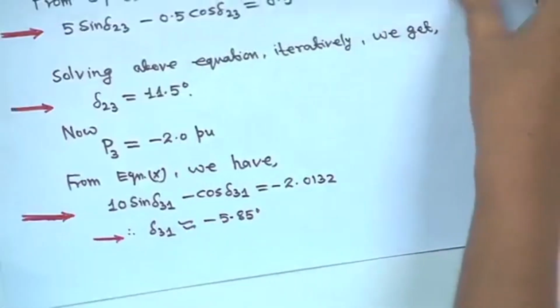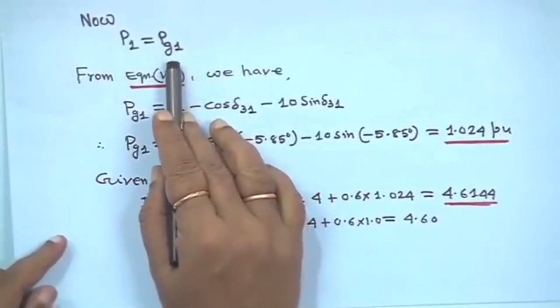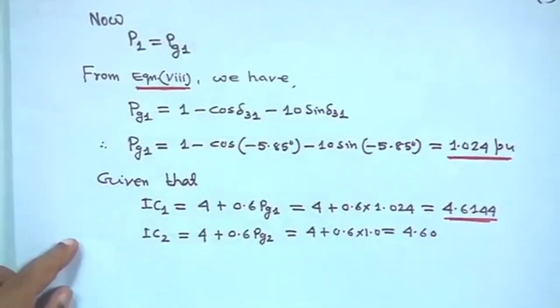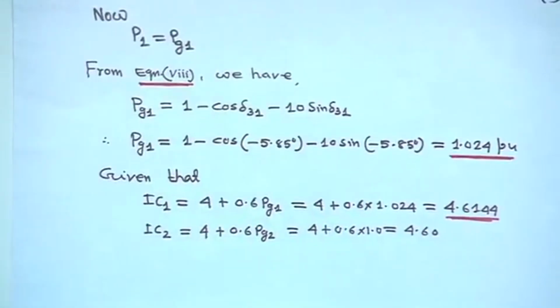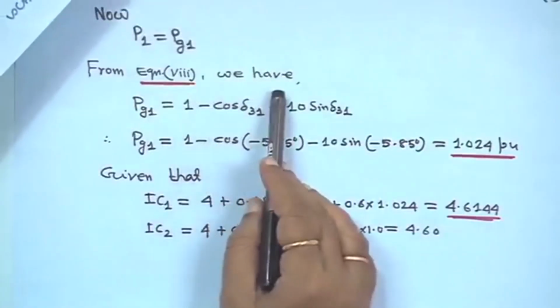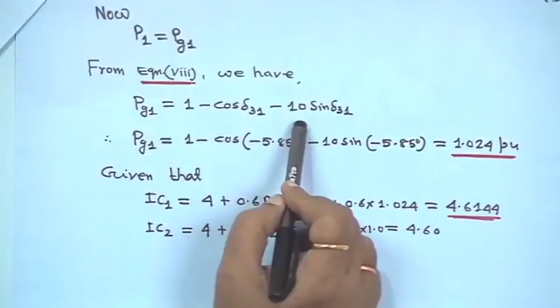At the slack bus, that is bus 1, P1 is equal to Pg1, as you can see in the diagram I have shown you. So, from equation 8, P1 is equal to Pg1, and this expression was given.